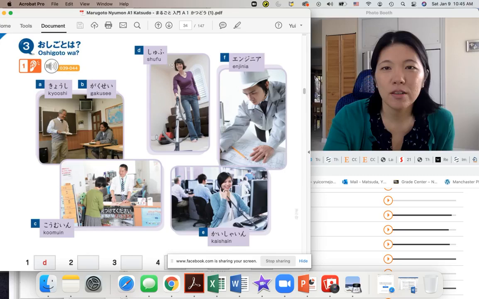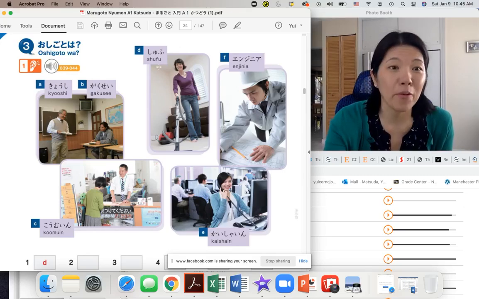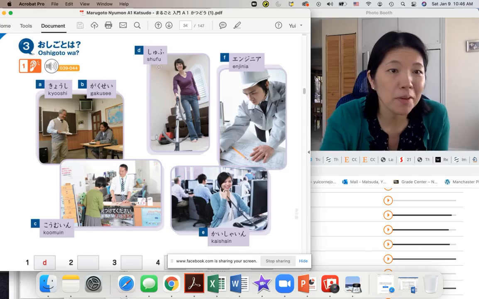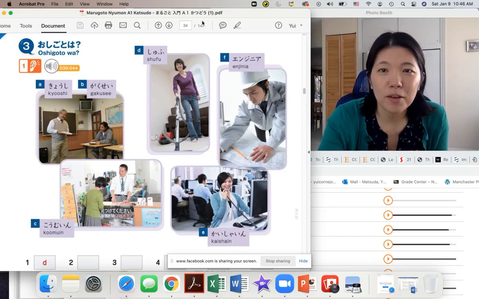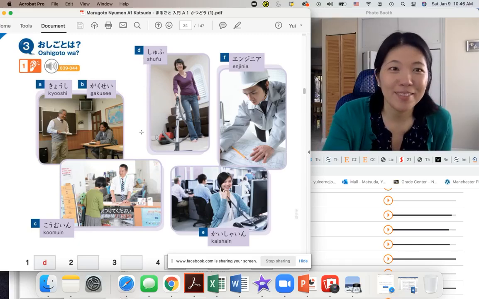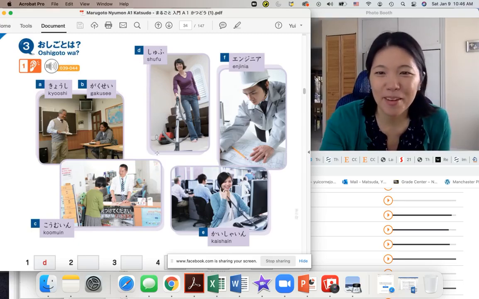主婦 doesn't have that gender connotation now, because it used to be more women staying home and being homemakers, but it's not like that in this age. So homemaker, 主婦. That's a lot of work. So you can be so proud to be a homemaker.